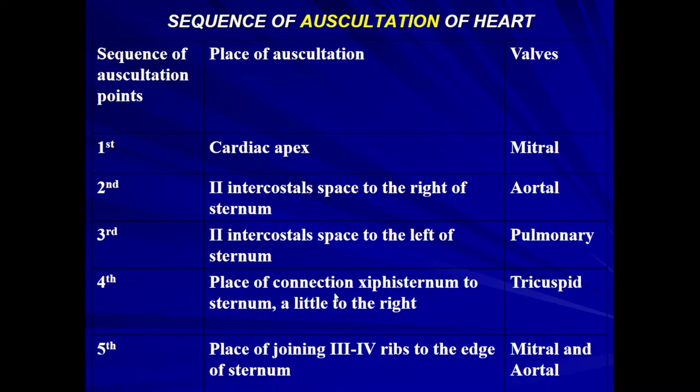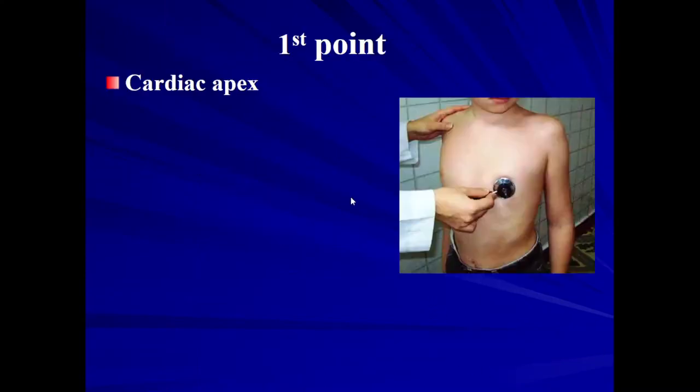The place of connection of the xiphoid process to the sternum, a little to the right of the sternum, is the tricuspid valve. And the fifth point is the place where the 3rd to 4th ribs join the edge of the sternum. It's according to the mitral and aortic valves.